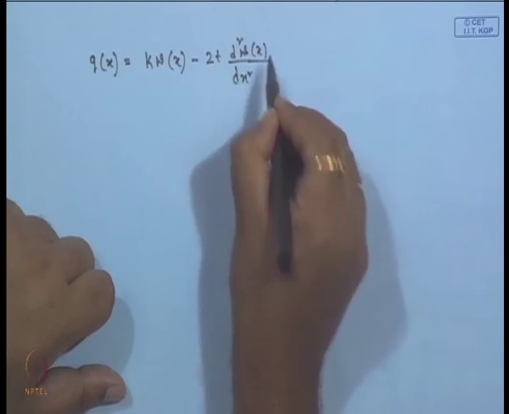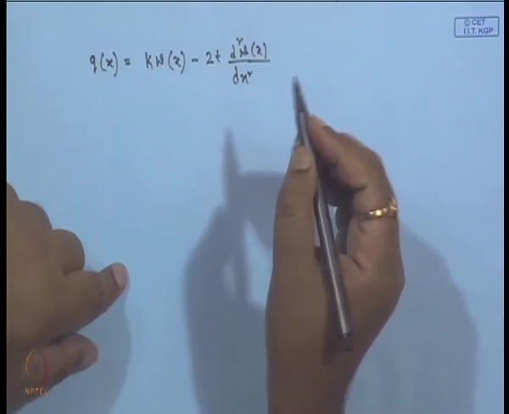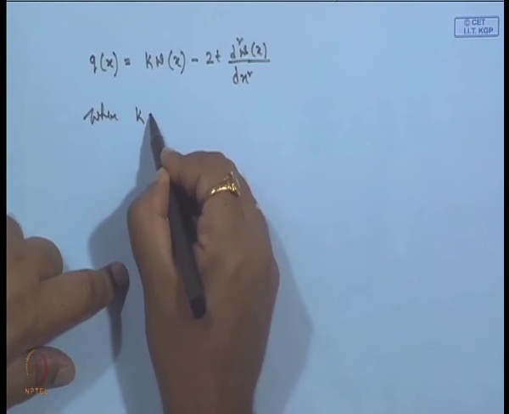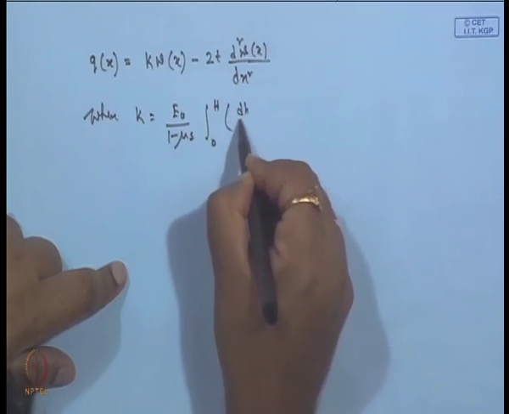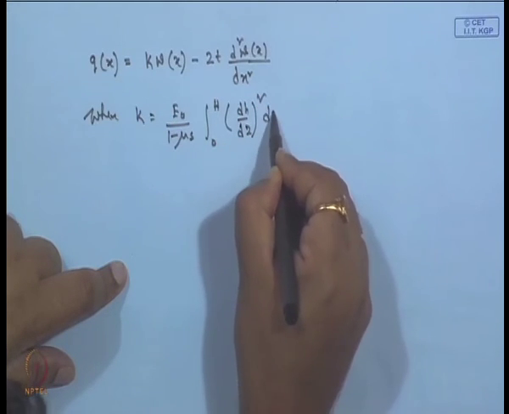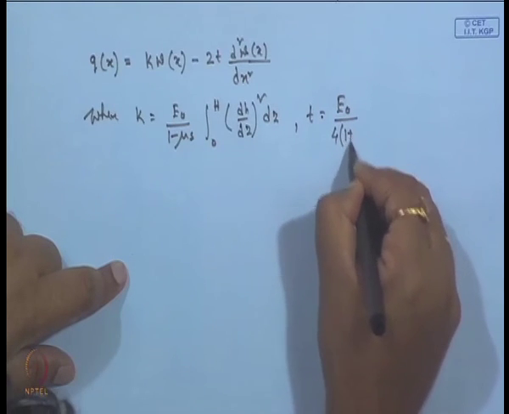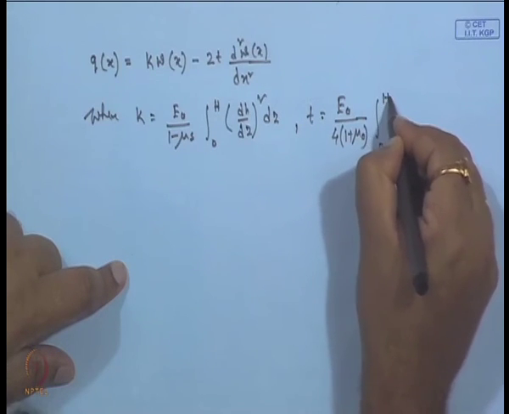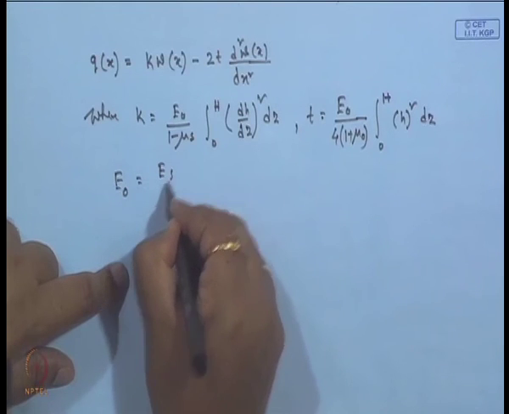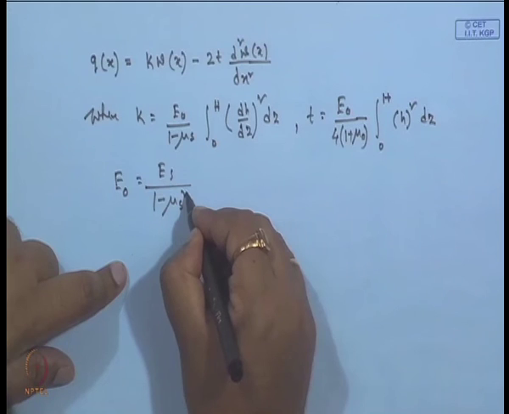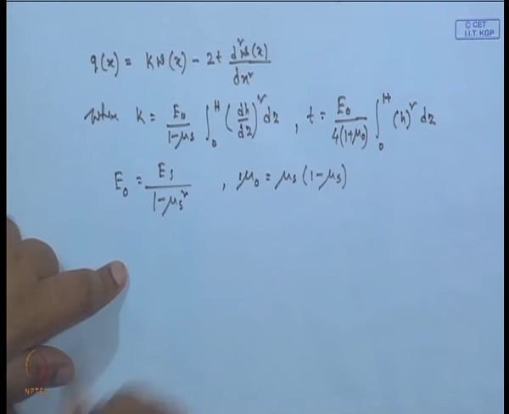For this model, this is also a two parameter model, where k is one parameter and t is another parameter. k is related to E 0 by 1 minus mu s, integral 0 to h of d h by d z whole square dz, and t is equal to E 0 by 4 into 1 plus mu 0, integral 0 to h of h square z dz, where E 0 is E s by 1 minus mu s square and mu 0 is mu s by 1 minus mu s.